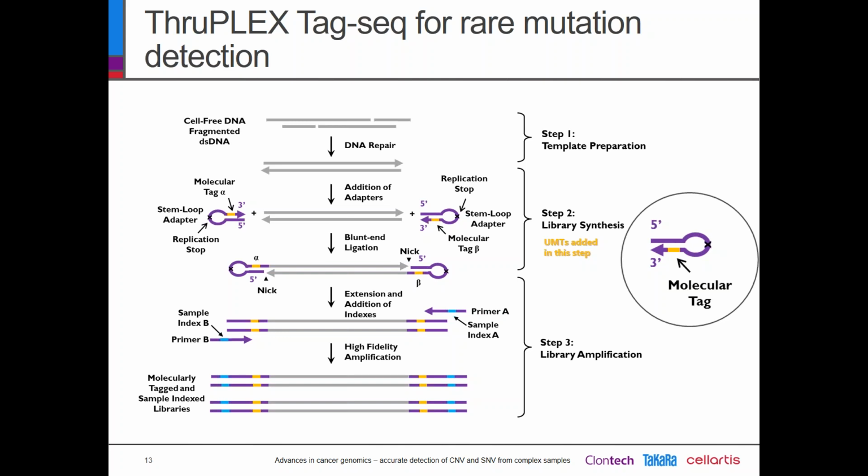So this was the general workflow for ThruPlex technology, which is the one found in the Plasma-seq kit for cell-free DNA. And here I put this scheme of the ThruPlex TAG-seq, where you see on the right of the scheme where we introduced the unique molecular identifiers in the adapters.